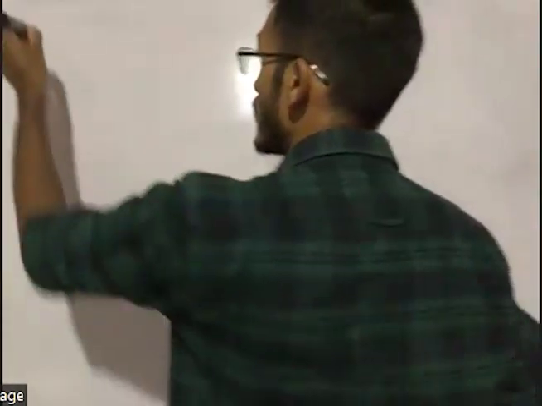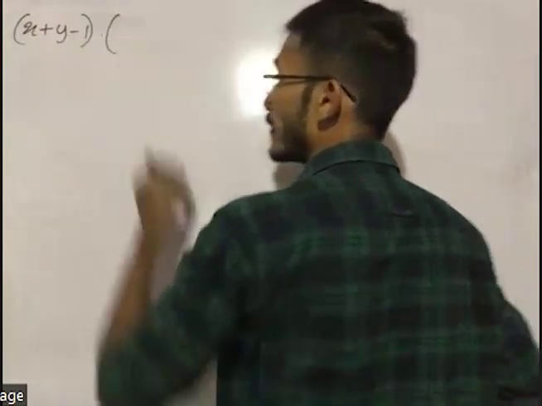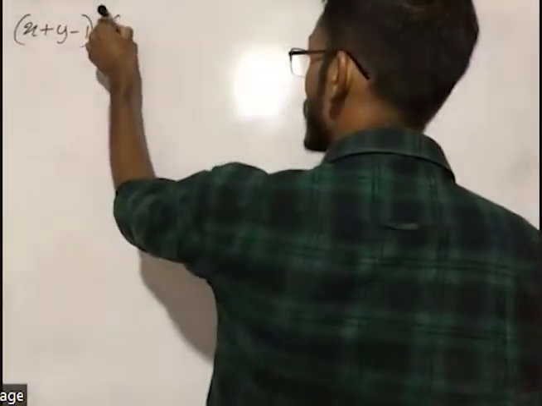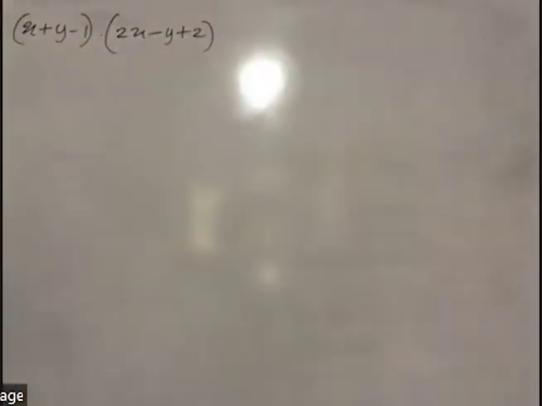Okay, now look at this. I'm going to take two factors: x plus y minus 1 into 2x minus y plus 2.